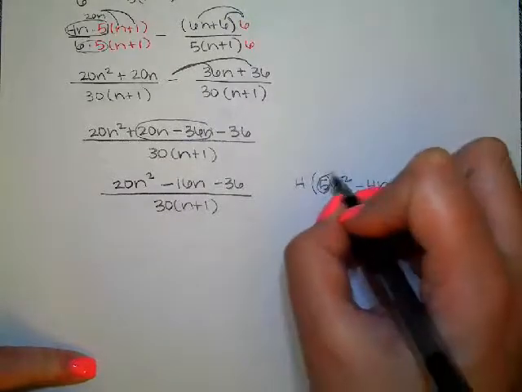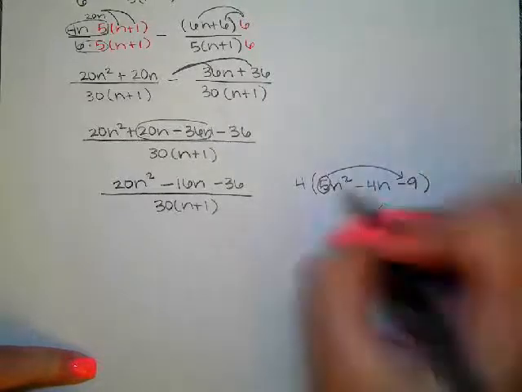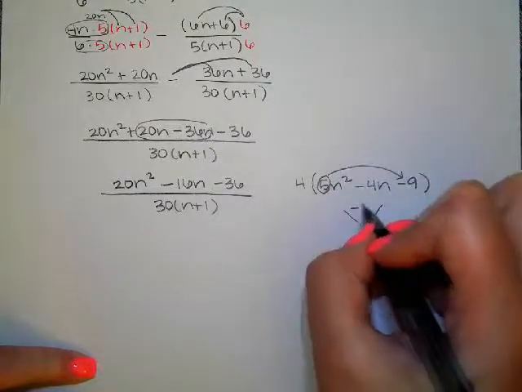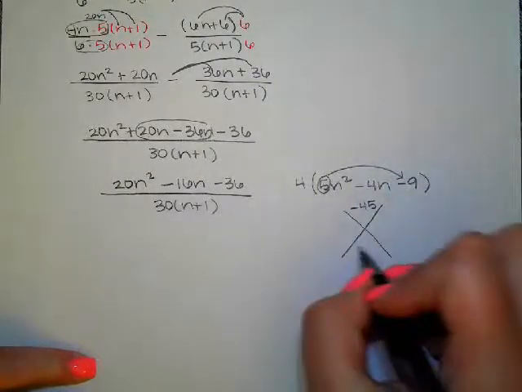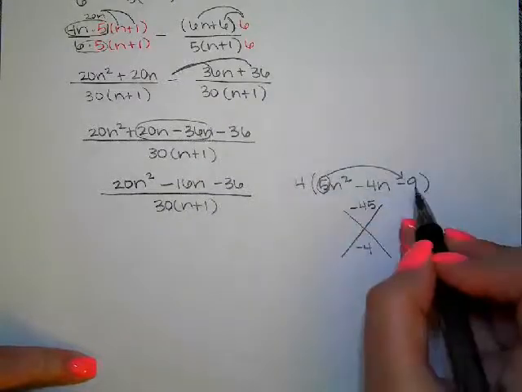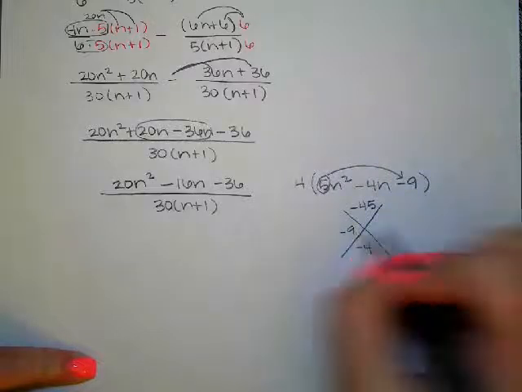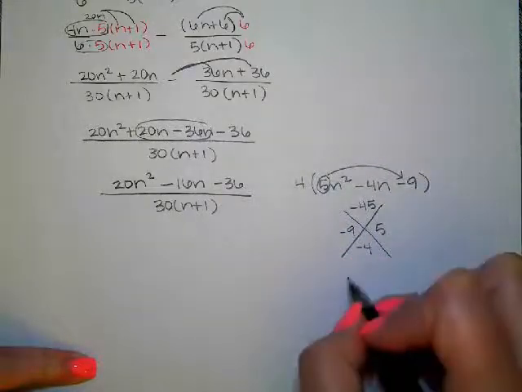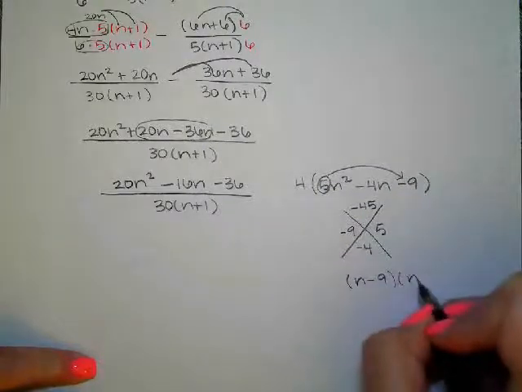Take the 5, slide it over to the -9. 5 times -9 is -45. So we're multiplying to -45 and we're adding to -4. The two numbers that multiply to -45 and add to -4 are -9 and +5. So we have n minus 9, n plus 5.